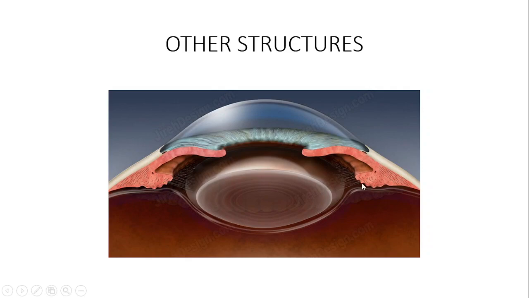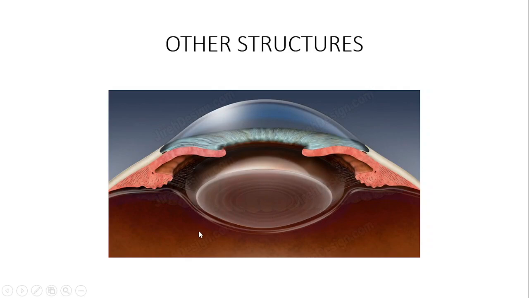What are zonules of zinc? They hold the crystalline lens in place. So in a case of trauma to the eyeball, that trauma can tear, break, or destroy some of the zonular fibers and cause what we call subluxation of the crystalline lens.